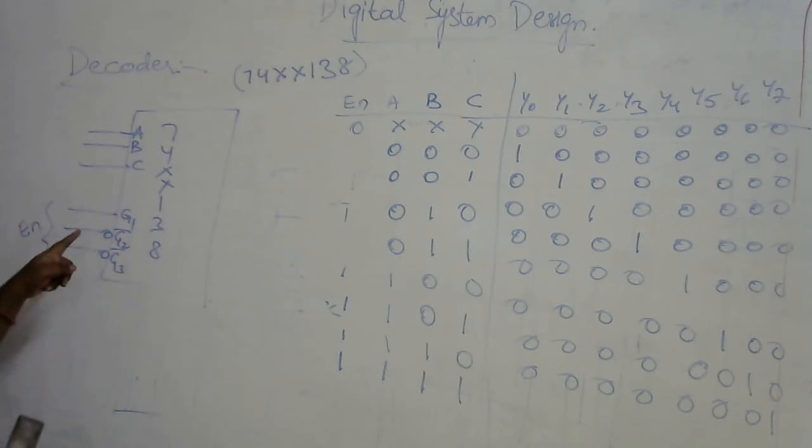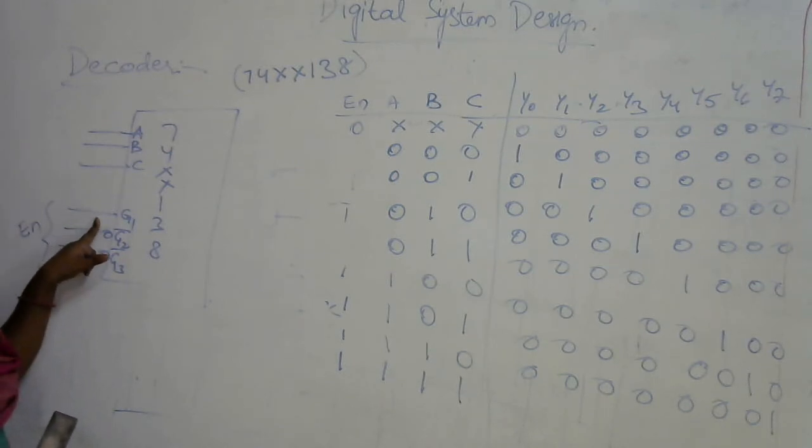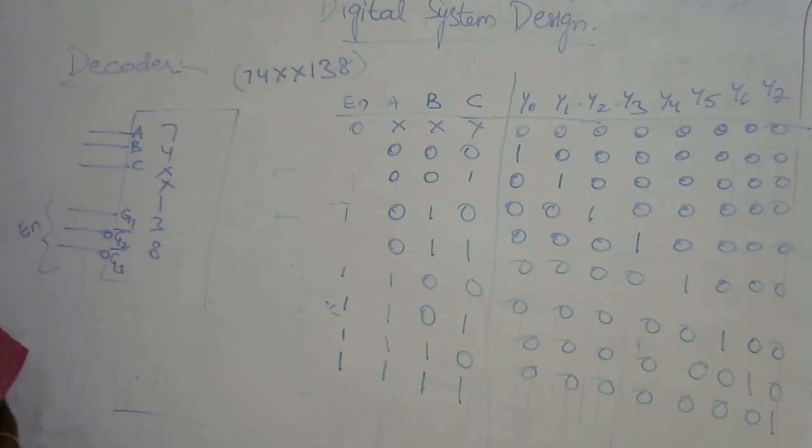So the enable pins are used for the cascading purpose, that is, to expand the size of a decoder.